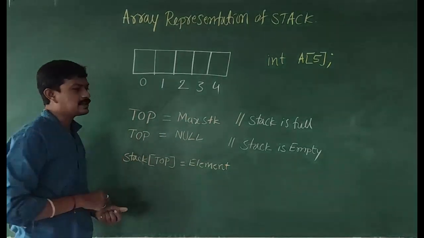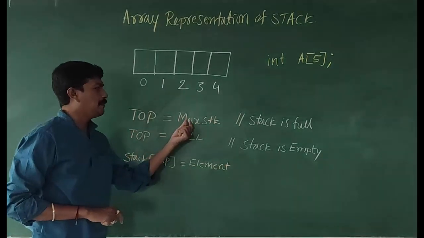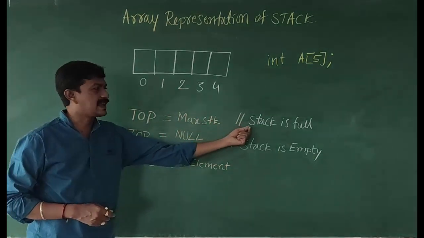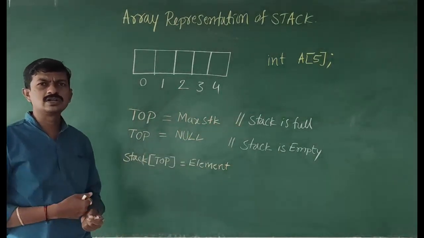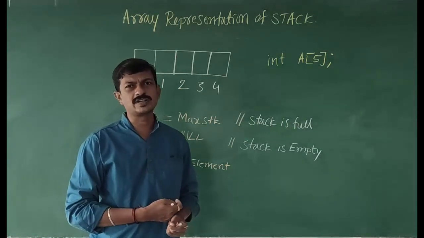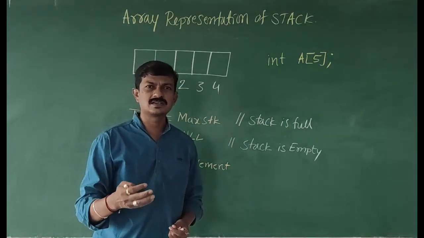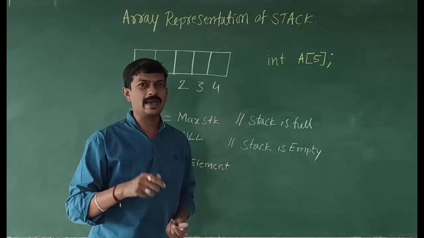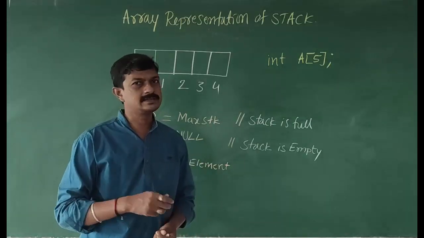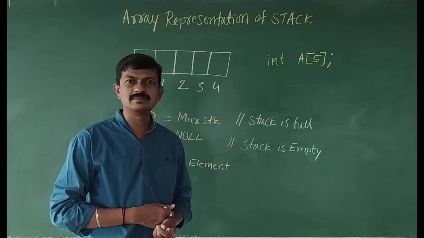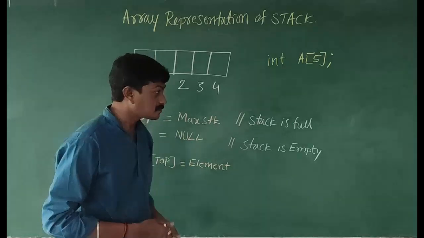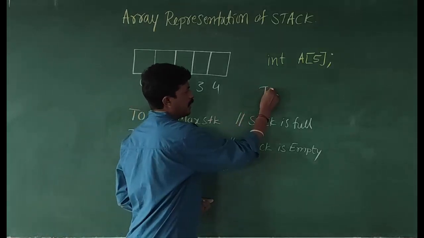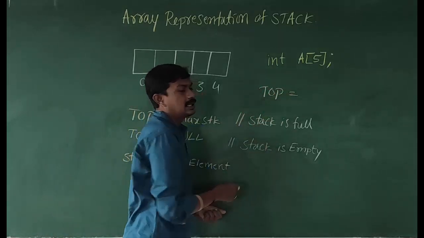Right? Now I am using this array and implementing it as a stack data structure. If the top pointer points to the maximum of the stack, or the maximum of this array, then the stack is full. It is an overflow condition. We checked this overflow condition while discussing the stack data structure. If the stack pointer is pointing to the maximum of the stack, then it is not possible to insert an element into the stack data structure. In the same way, we are considering a variable top.